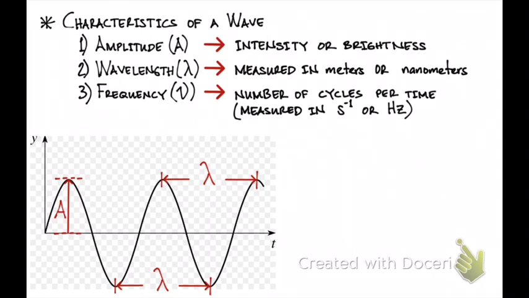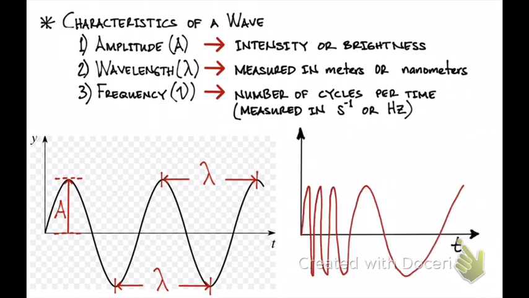So what about frequency? What does frequency look like in terms of a graph? We can look at another graph of a wave shown here. Let's say this is the 1 second mark and this is the 2 second mark, so t equals 1 and t equals 2. By definition, frequency is the number of cycles per time. So let's say that frequency is the number of cycles per second. Then we can look at the number of wave cycles per second.